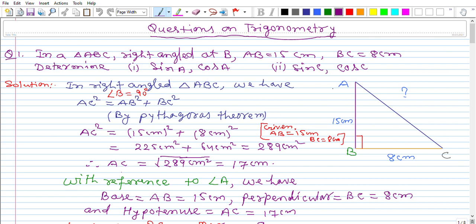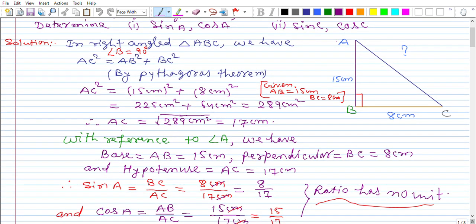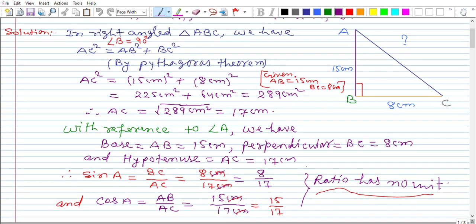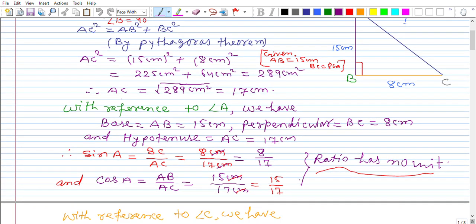Now with reference to angle A, that is acute angle, we have base AB equal to 15 centimeter, perpendicular BC equal to 8 centimeter and hypotenuse AC equal to 17 centimeter. Sin A, you know, is perpendicular by hypotenuse. BC by AC, 8 centimeter by 17 centimeter, centimeter cancel, we get 8 by 17.